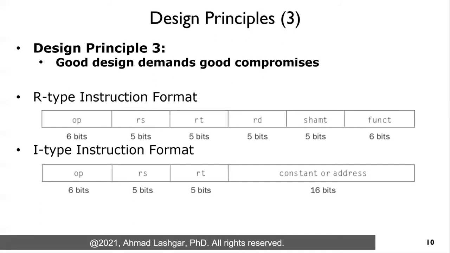And we have another format called I-type format with 4 fields only. That is being used for instructions that have 1 immediate and 2 registers as operands. Examples of I-type instructions are addi or add immediate, and all the data transfer instructions we have seen earlier.